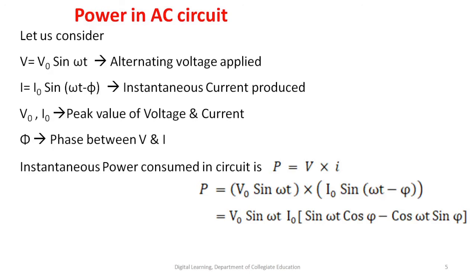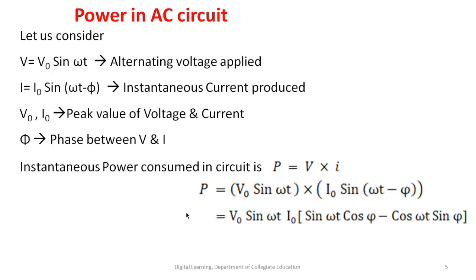Using the formula of sin A minus B, expanding these terms, sin A minus B is sin A cos B minus cos A sin B. Here in place of A, omega t is there, and in place of B, phi is there. Therefore, this can be expanded as sin omega t cos phi minus cos omega t sin phi.